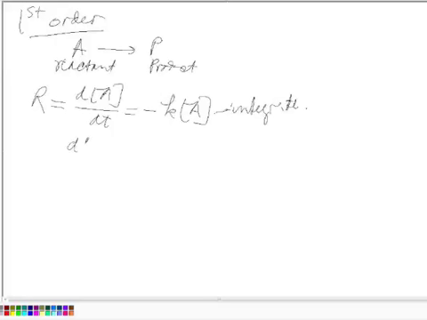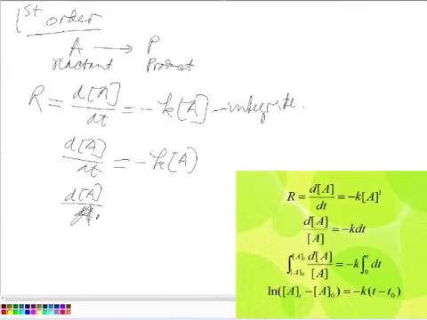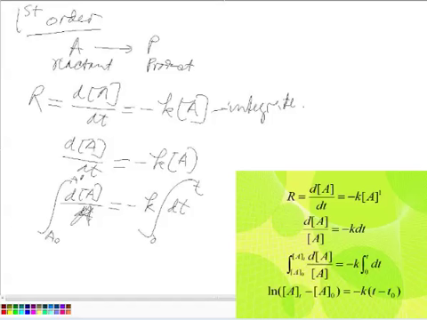We can rearrange this equation to become dA per A equal to minus k dt, and integrate from 0 to t, from A0, the initial A, to A.